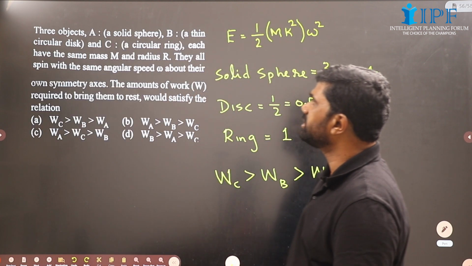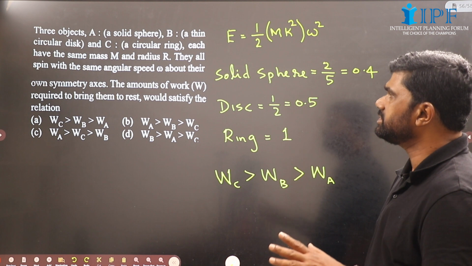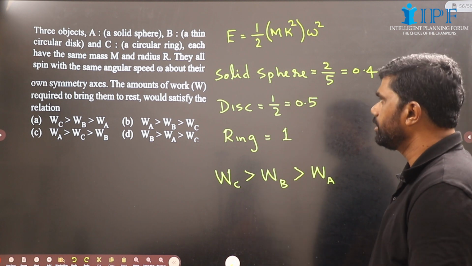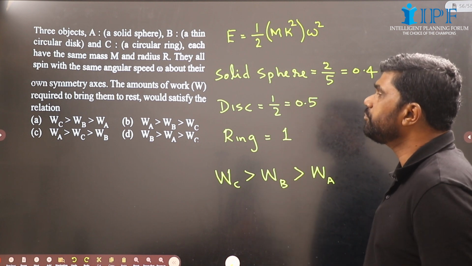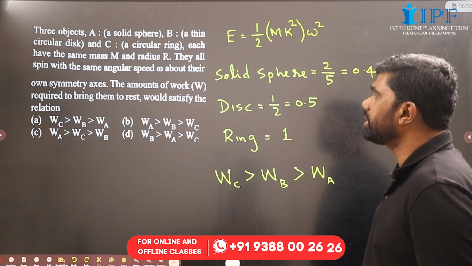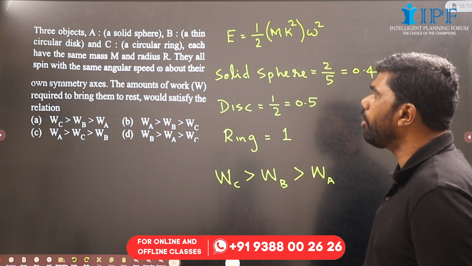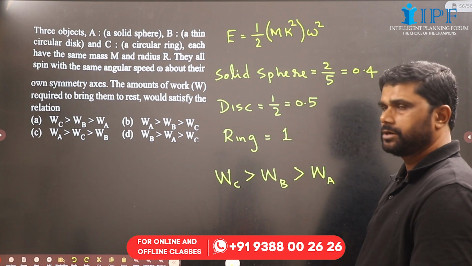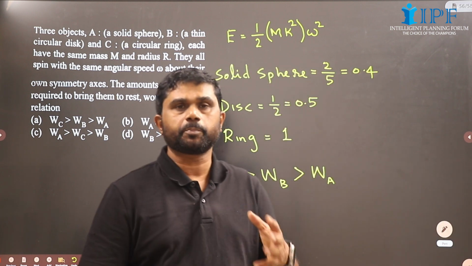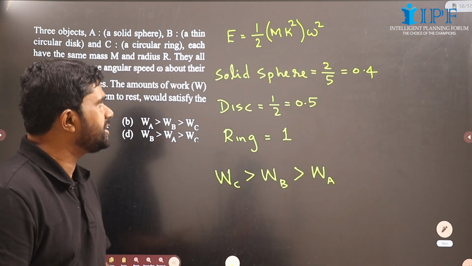Now next, 3 objects: solid sphere, circular disc and circular ring. The amounts of work required to bring them to rest would satisfy the following. They all spin with the same angular speed. So the work done will be proportional to the initial kinetic energy.